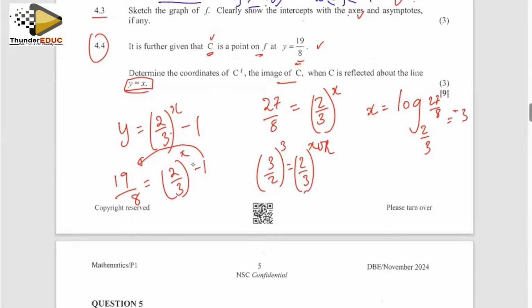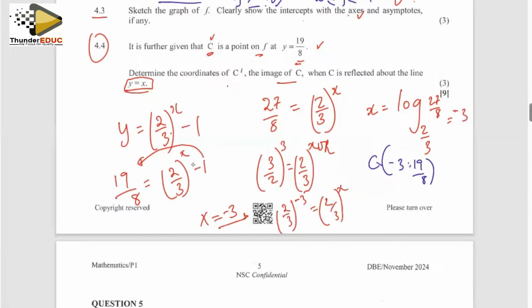So it's going to be (2/3) to the negative 3 is equal to (2/3) to the x. Since the bases are the same, drop them and equate the exponents. Now, this simply means that the C value is basically -3 as well as the 19/8.